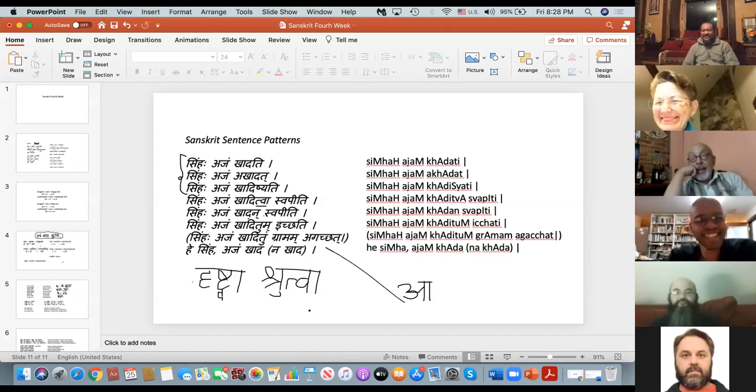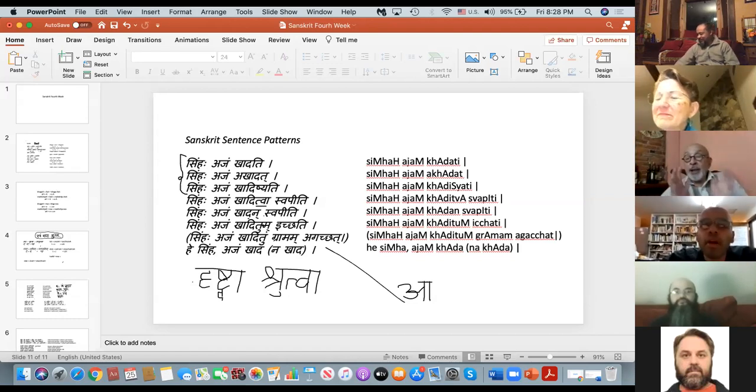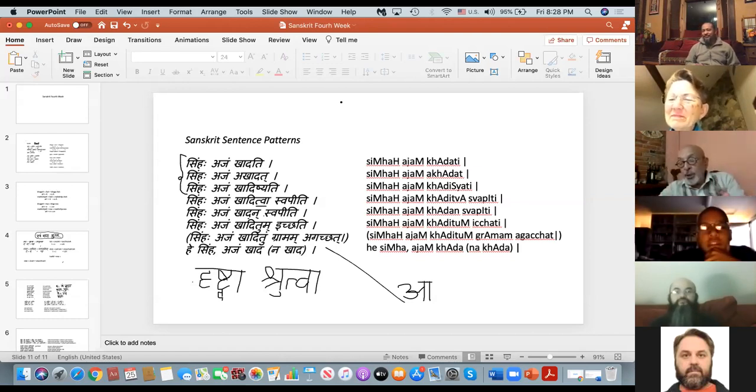As a matter of fact, for this kind of thing, shrinvan would be perfect, because dancing and hearing the song are simultaneous. Shrutva is grammatically correct: Prajwal hears the song and then he starts dancing. But if you say shrinvan, just like khadan, simultaneously he's listening to the music and at the same time he's dancing in rhythm.